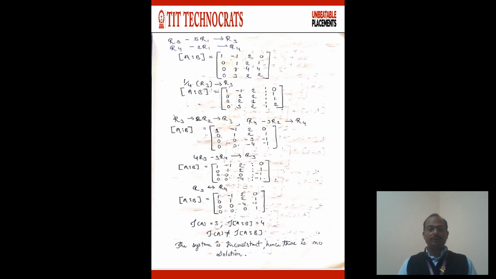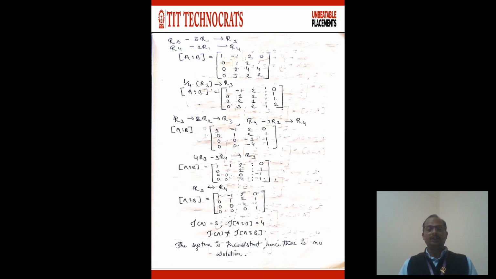After completing the operations, in the last row you can see the augmented matrix A augmented B: 1 minus 1 2 0, then 0 1 2 1, then 2 0 minus 4 minus 1, 3 times 0 then 1. So you have a partition line here. You can see the rank of the A part only, meaning the first three columns from the front, and the last is for B. For the three columns from the left-hand side, the rank of the matrix A is 3, and overall there are 4 non-zero rows.